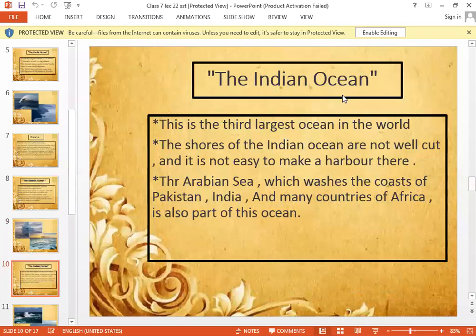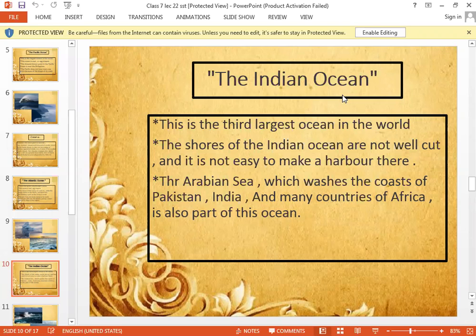Now the Indian Ocean. Next one is the Indian Ocean. The Indian Ocean is also a very important ocean, and it is the third one. But one thing which I want to tell you about the Atlantic Ocean, why is it called Atlantic?